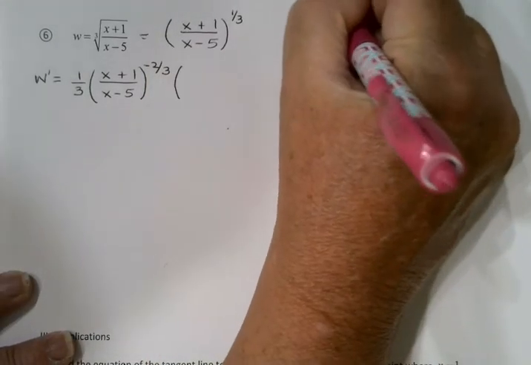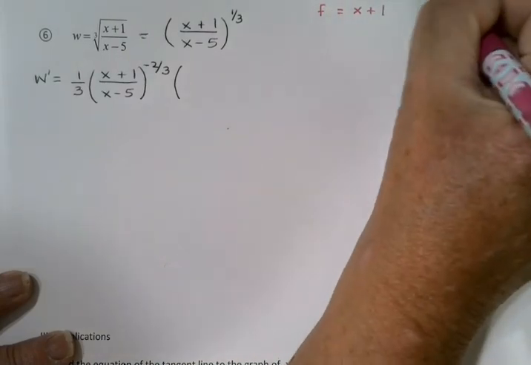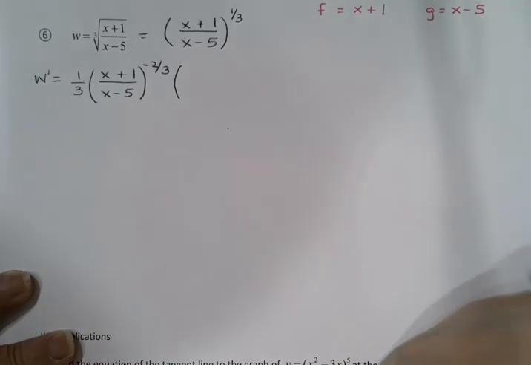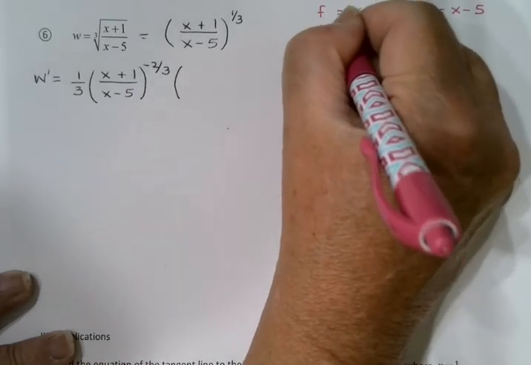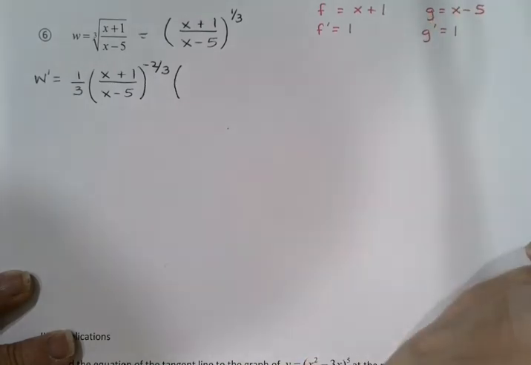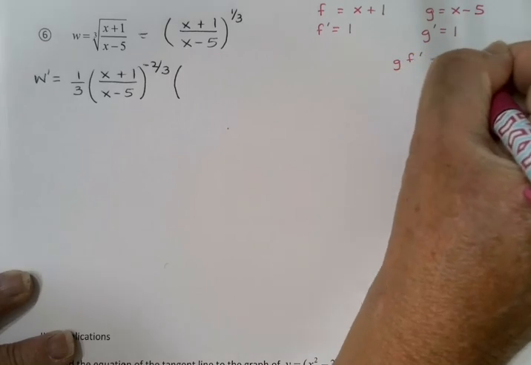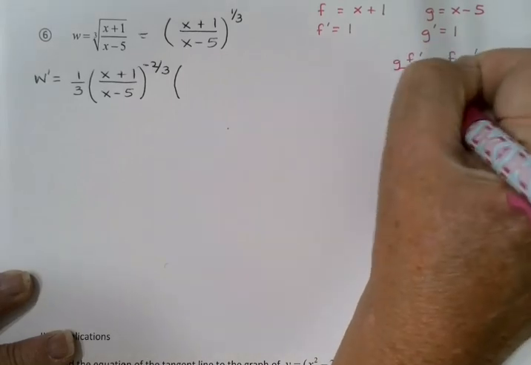So f is x plus 1, and g is x minus 5. F prime would be 1, and G prime would be 1. And then I'll just go with GF prime minus FG prime over G squared.